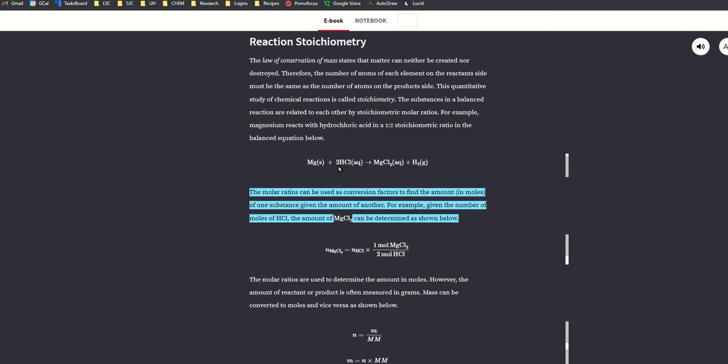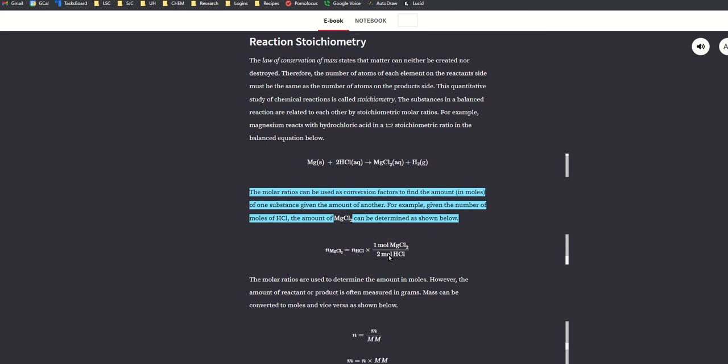So your coefficients always tell you that ratio, and how you actually calculate those moles and how you can go from moles of one thing to moles of another is by taking, for example, here, if we calculated moles of hydrochloric acid and we multiplied it by the ratio, which is 1/2, we would end up with moles of magnesium chloride.